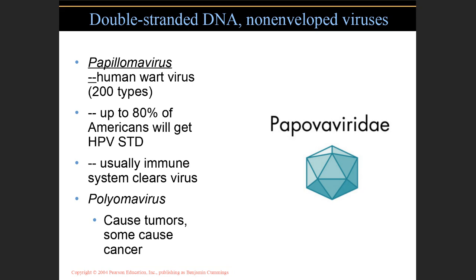So cervical cancer is basically all caused by HPV, and only those certain strains of HPV. So that's one of the driving forces for vaccination against HPV, to prevent cervical cancer in women.